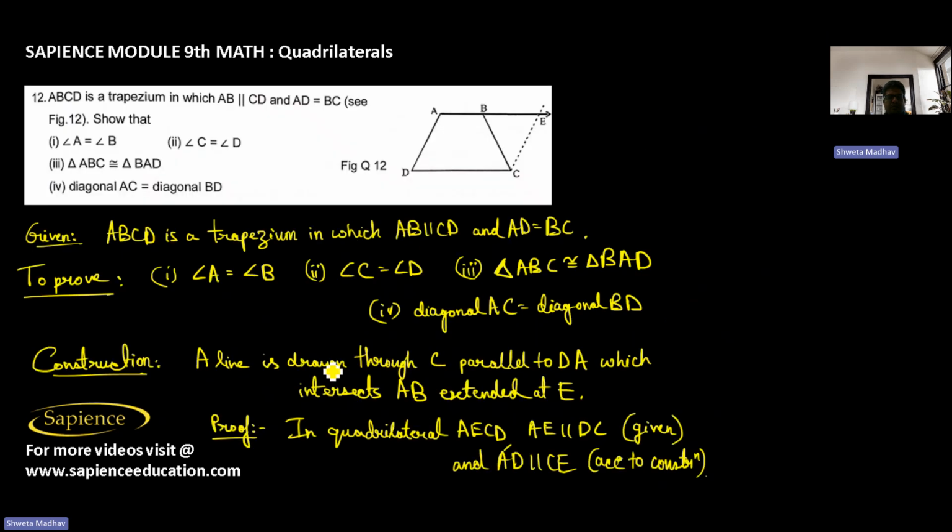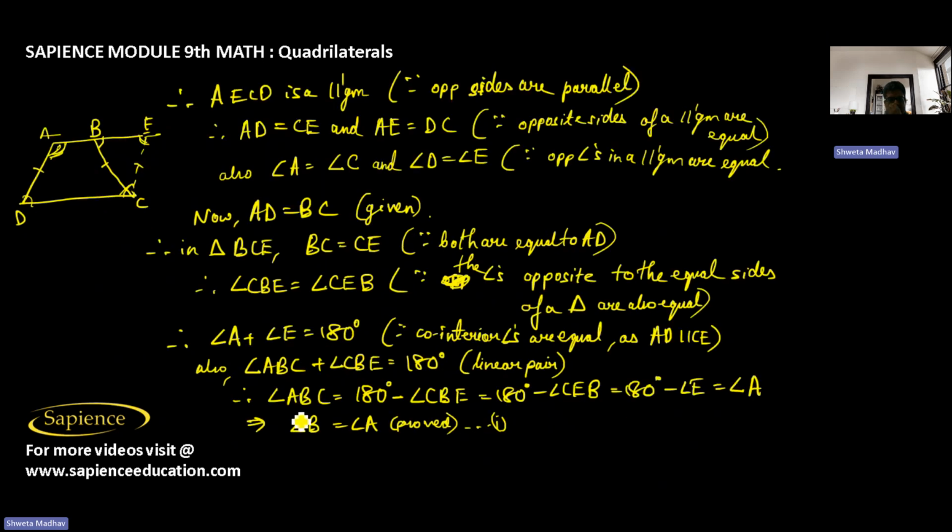Angle A equals angle B, and similarly, angle C. So this angle equals this angle also. And also angle BCD is equal to angle EBC, since they are alternate interior angles, as AB is parallel to DC.